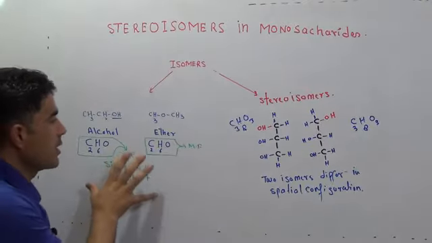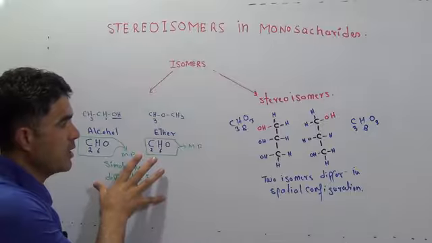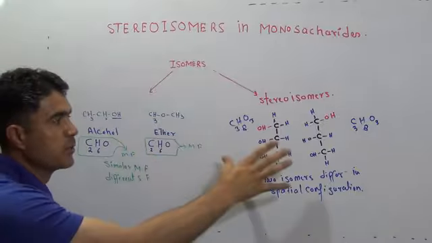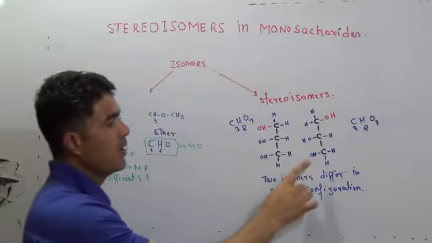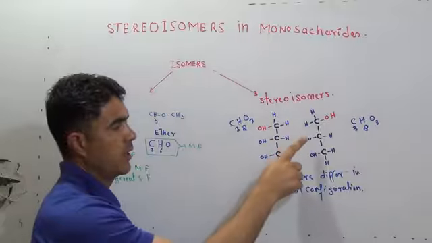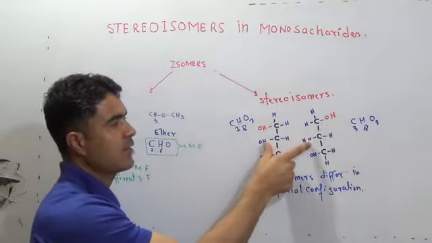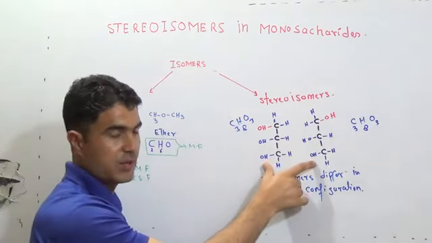Once you got this, it will be very easy for you to get the stereoisomers. So come here now. Once again, here we have two organic compounds, and what you can see on the whiteboard is the structural formula of the two compounds.